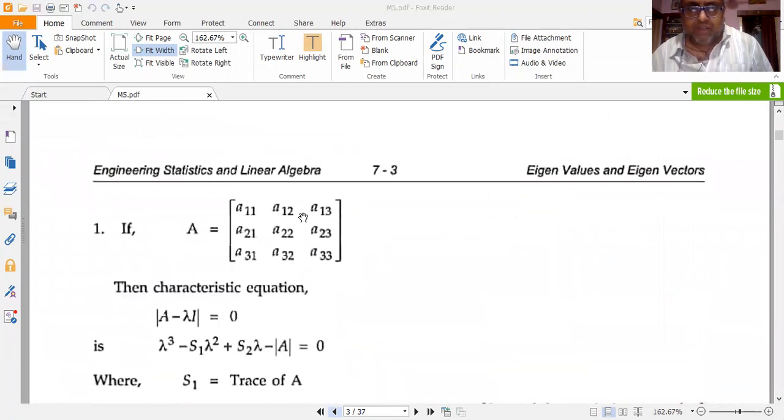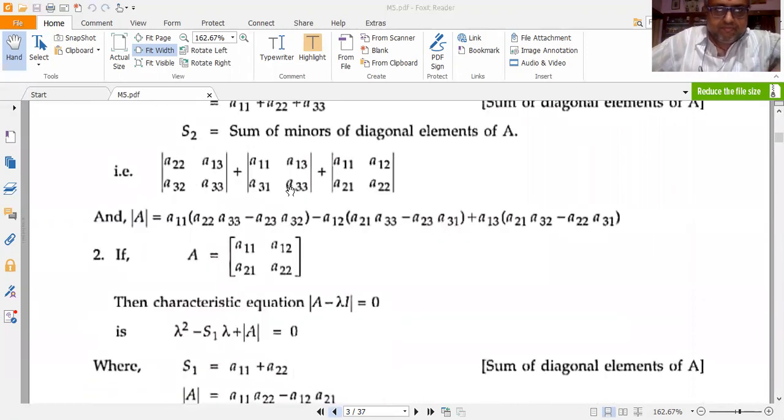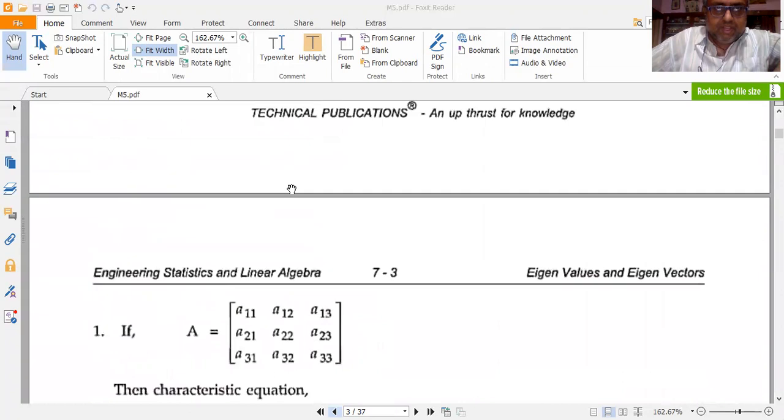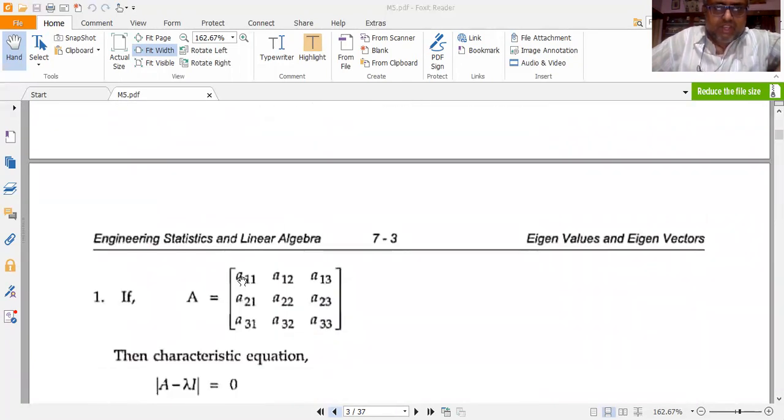But how to write it? First consider the first element of the matrix A in order to find its determinant. So it would be A11. Write down A11. Now delete the first row and the first column corresponding to it.